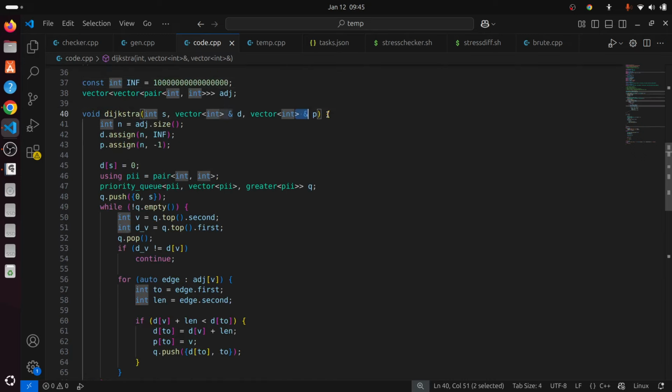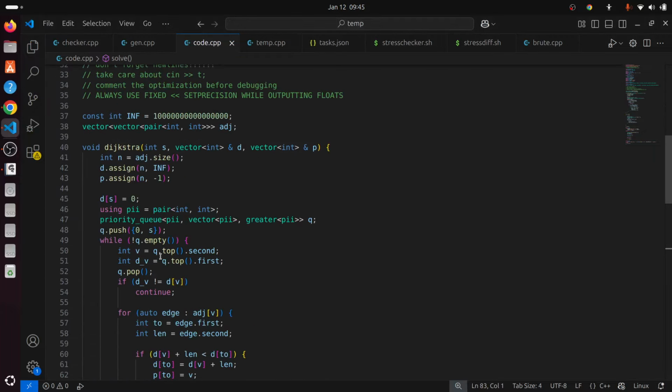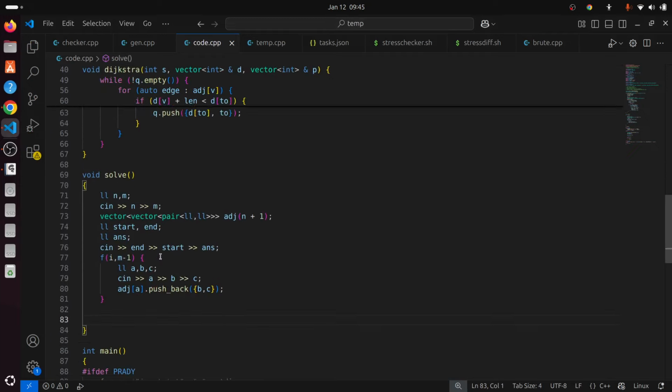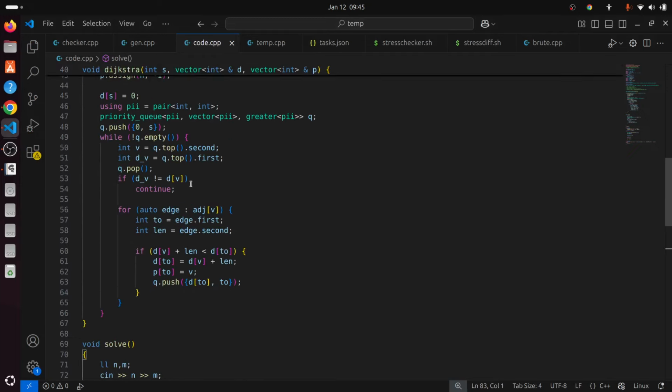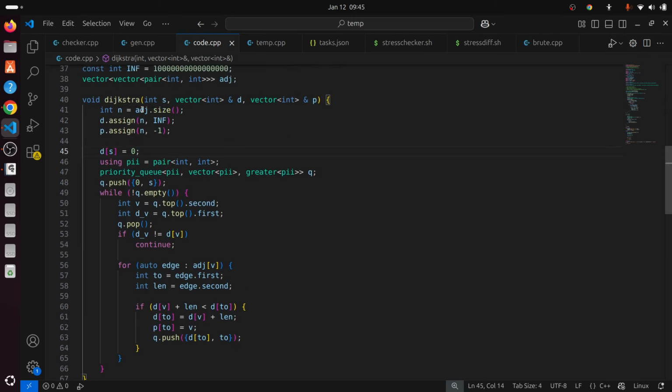So what is this P? It is taking two. Okay, it returns the path as well. We don't care about that. And it is 0 indexed actually. It is 0 indexed from 1 index, but it doesn't really matter, I guess.